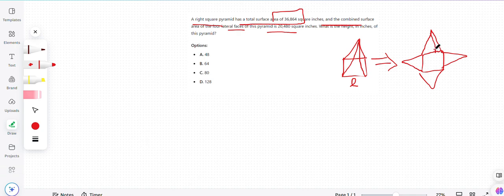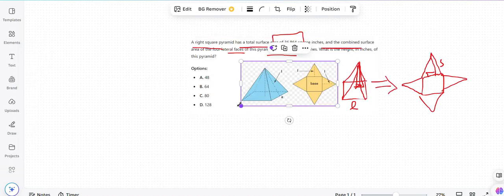Let us consider this is the height of a triangular face, which is called S. If these sides are closed, then the height of the triangle becomes the slanted height. Listen carefully, it becomes the slanted height, not the actual height of the pyramid. This part is S, the slanted height, and this small part is the real height.